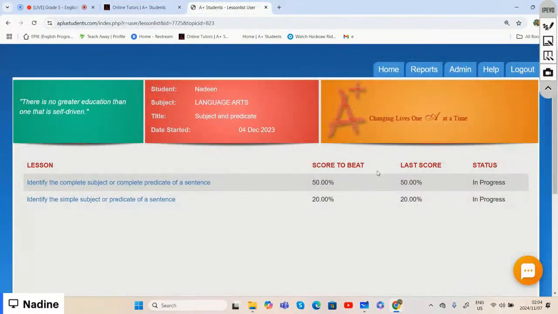Then we're going to scroll down until we get to our chapter of subject and predicate.